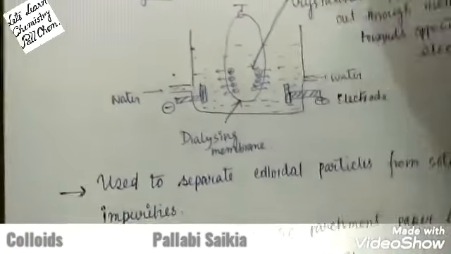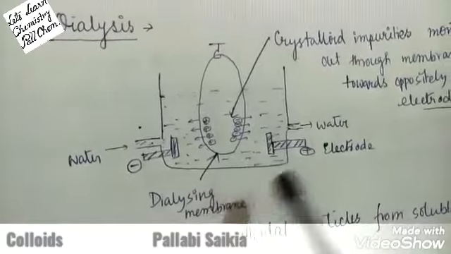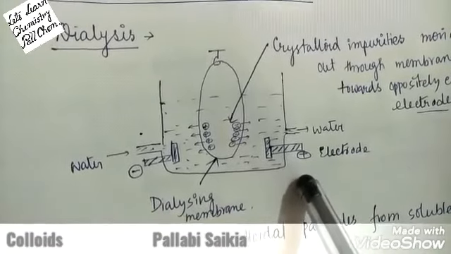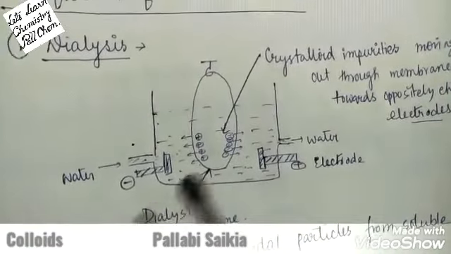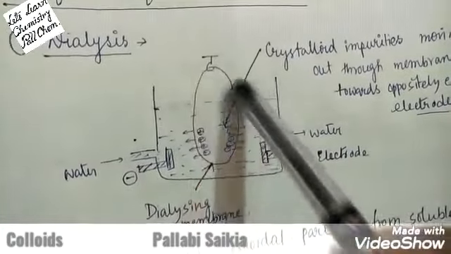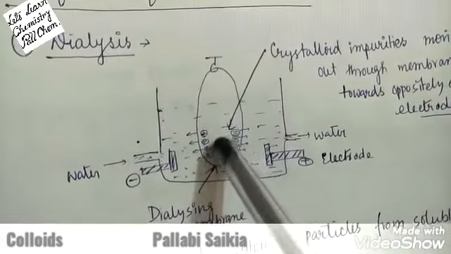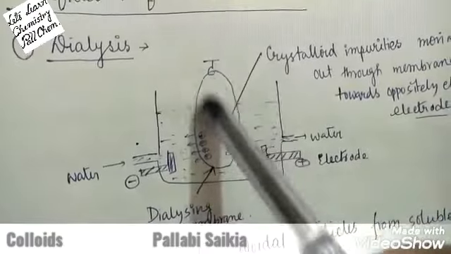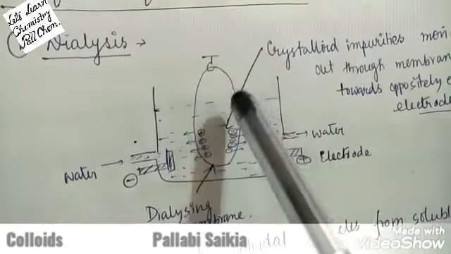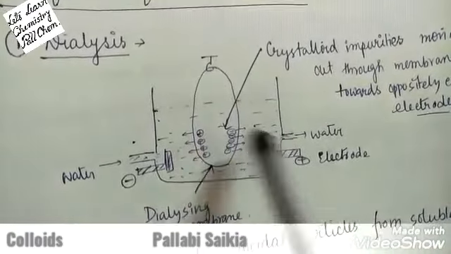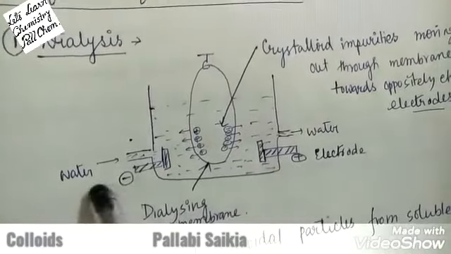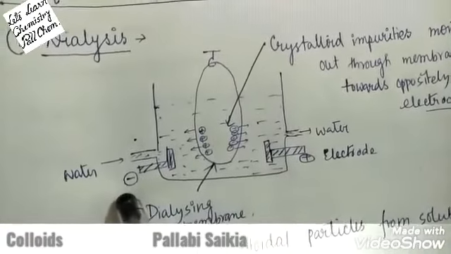Now, if an electric field is applied, this is the diagram where this is a dialyzing membrane, and here inside the impure colloidal substance is there.